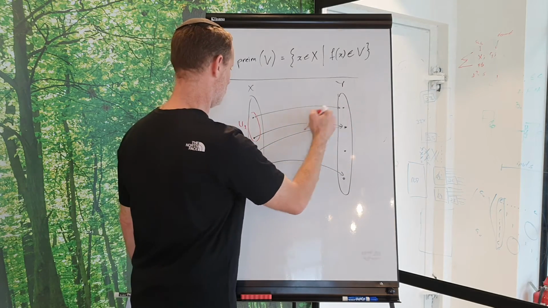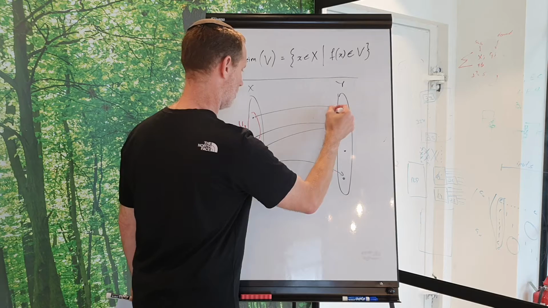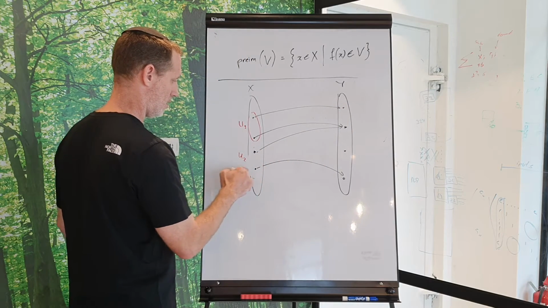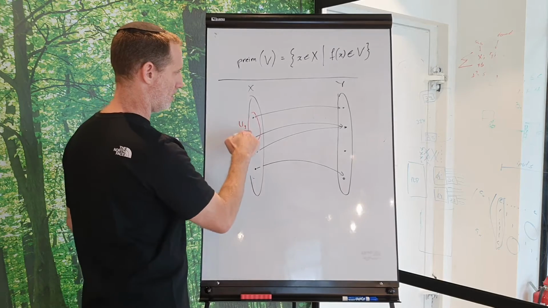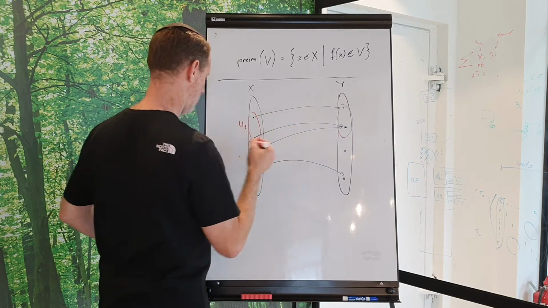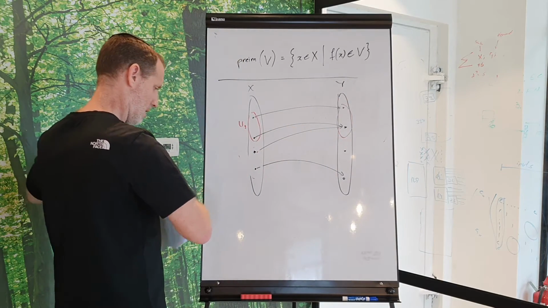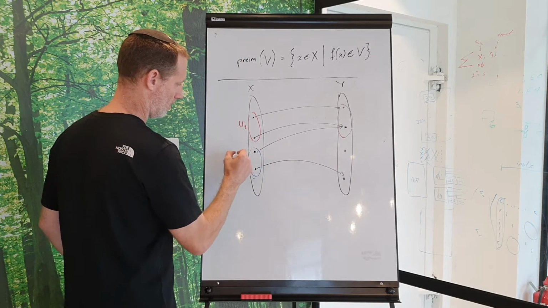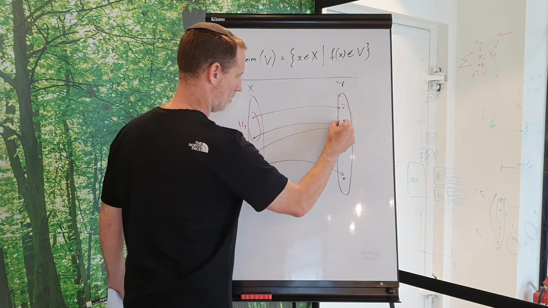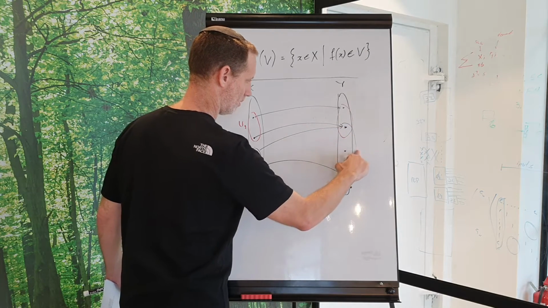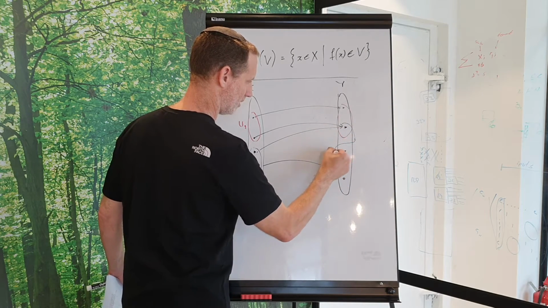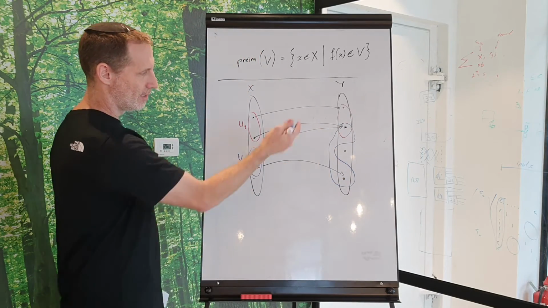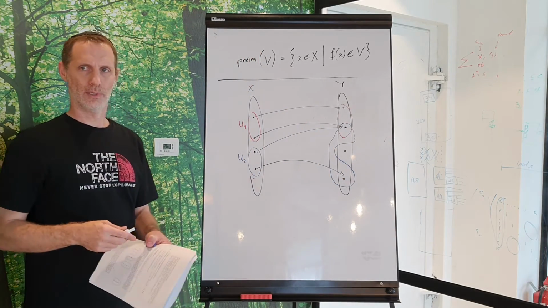U1 here would be that, and U2 here would be this point over the middle. But the union, it still works.